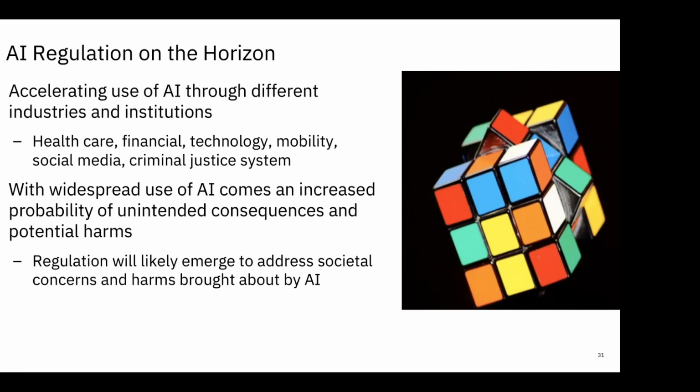So with the extensive use of AI, due to the increase of AI adaptation, and since we have access to more predictive and prescriptive AI and many contributions that a lot of people are making every day, and the chip processing systems that are available to us at scale, and more access to different data sources, all of these have led to accelerating use of AI through different industries: in healthcare, in financial organizations, in mobility, social media, and also in criminal justice systems as well, which I'm going to give you an example of.